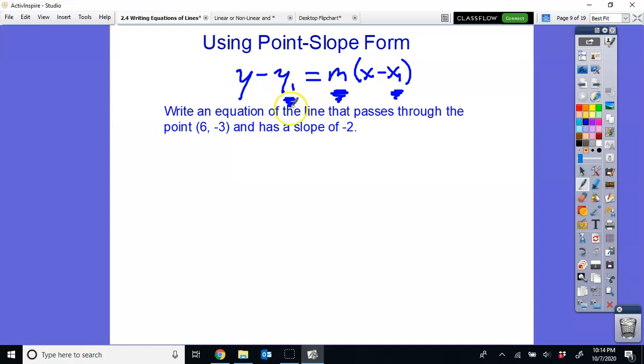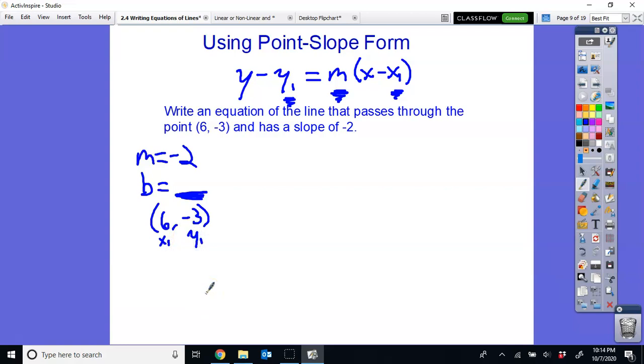So we take this 6, -3, and this slope of -2. We know that slope is -2. We do not know what the y-intercept is. We don't know what b is. But we do know that 6 and -3 are an x value and a y value from a point.